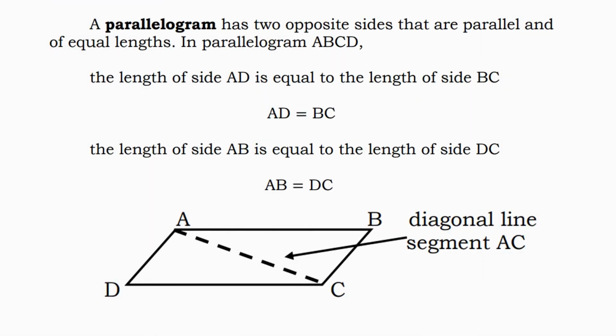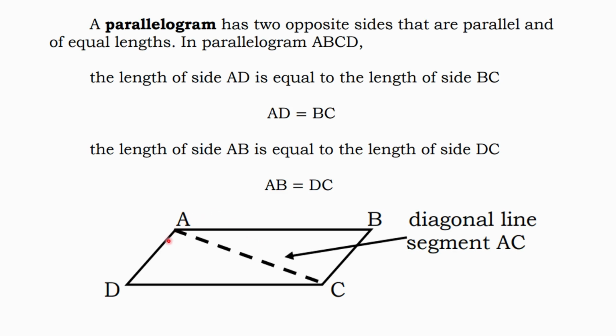What is a parallelogram? A parallelogram has 2 opposite sides that are parallel and of equal lengths. In parallelogram ABCD, the length of side AD is equal to the length of side BC.